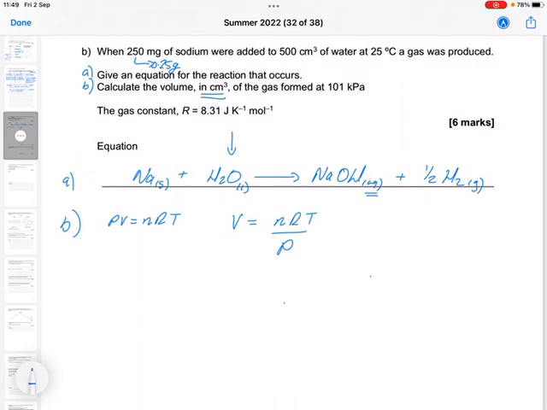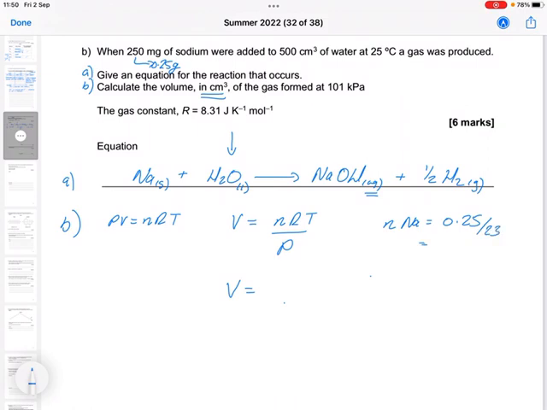So V equals, so number of moles I haven't got, so I need to work out the number of moles. Let me work that out over here. I need the number of moles of hydrogen, and I can only do that by looking at the moles of sodium because I have a mass of sodium. So the number of moles of sodium is equal to 0.25 divided by 23 off the periodic table.